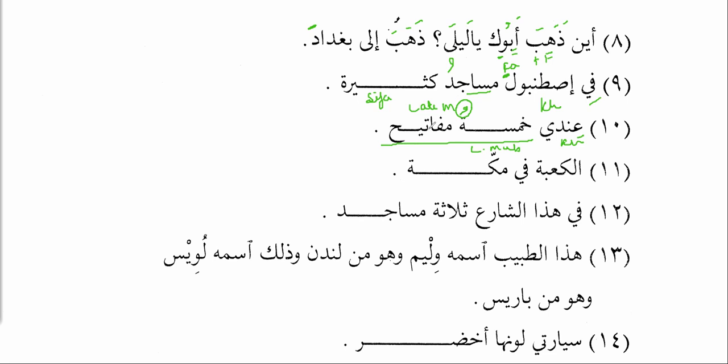This is from the broken plural, from the scale of mafa'il, right? This kind of noun cannot take a kasra since it is ghair munsarif, so it will show its jar position by fatha. Khamsatu mafatiha.